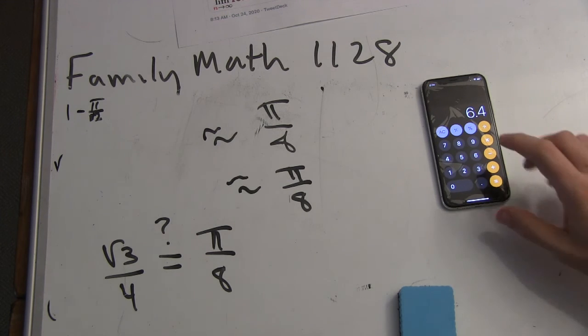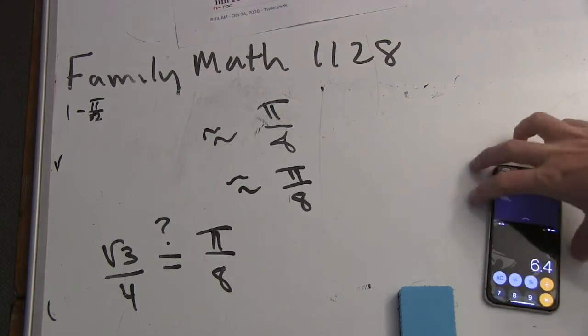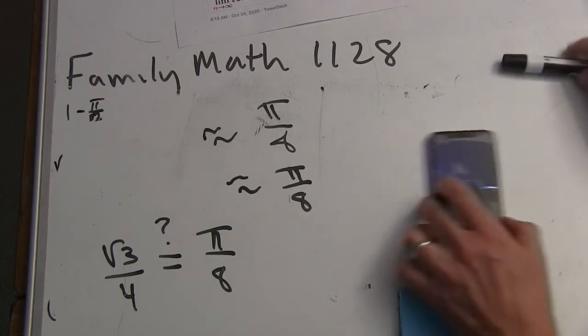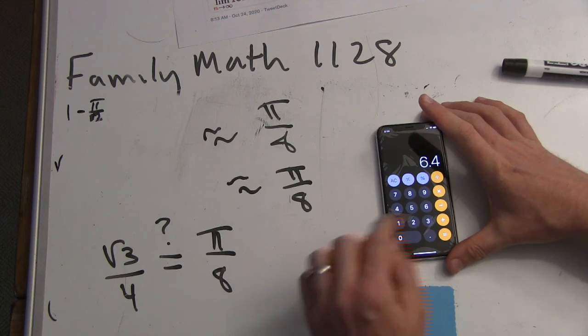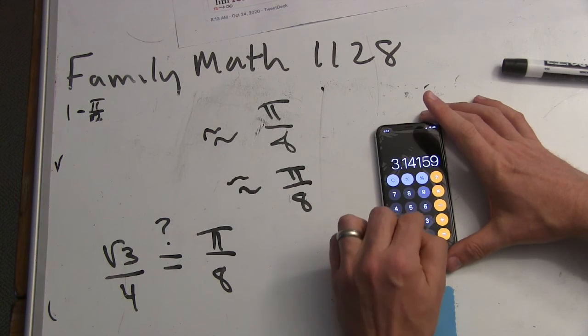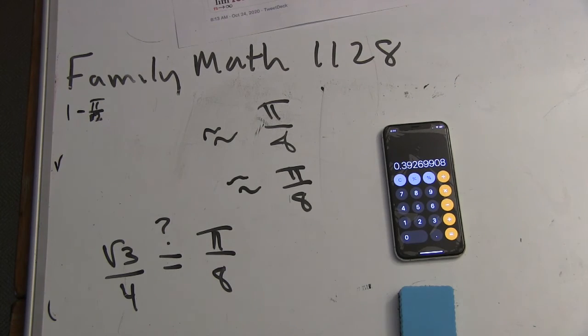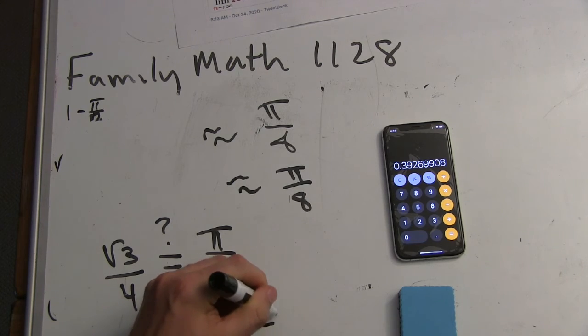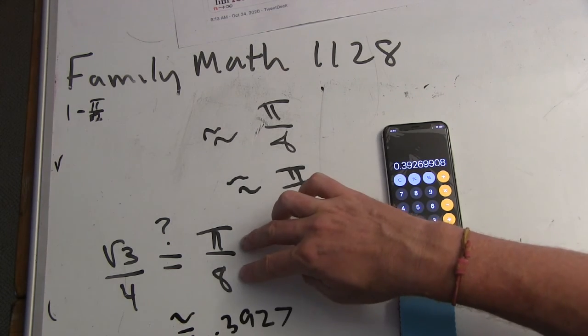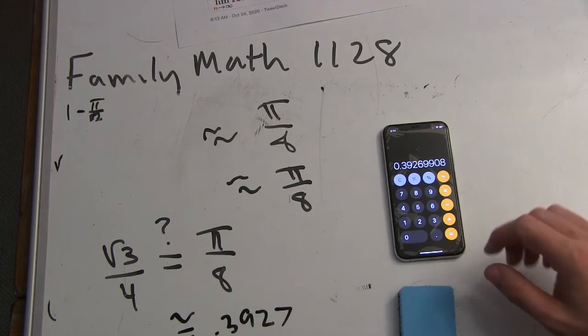Okay, well, let's just check. One side is 3.14159265 divided by 8, so that's about 0.3927. And remember, you said at least this ought to be smaller than that.